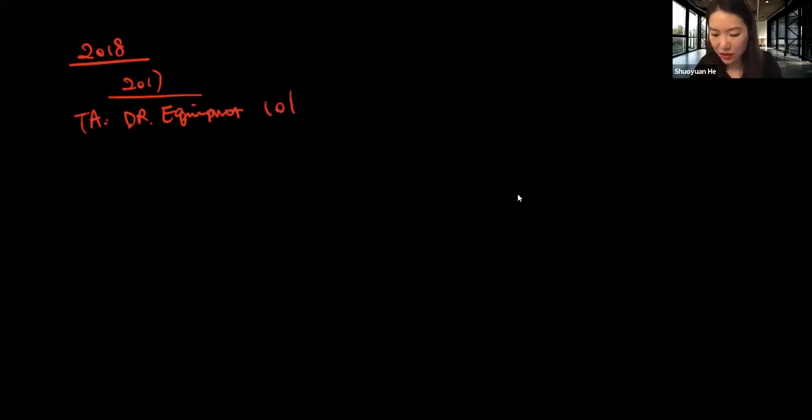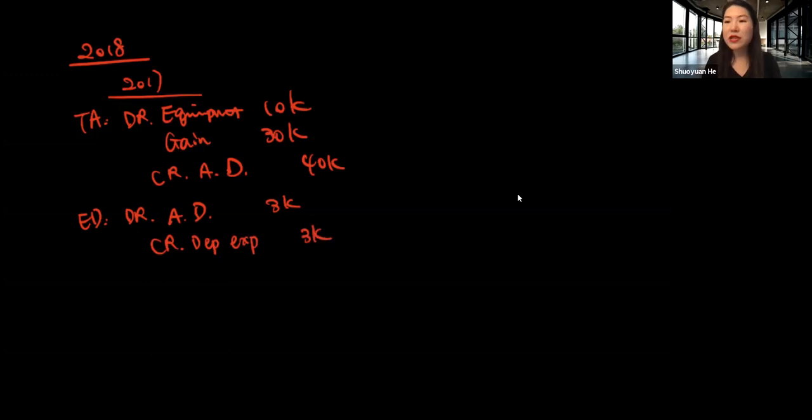In 2017, we have the TA entry, which is basically debit equipment 10,000, debit gain on sale of equipment for 30,000, and credit accumulative depreciation for 40,000. And then we have the ED entry, which is to debit accumulative depreciation for 3,000 and credit depreciation expense for 3,000. So those are the two general entries we make in the year 2017.